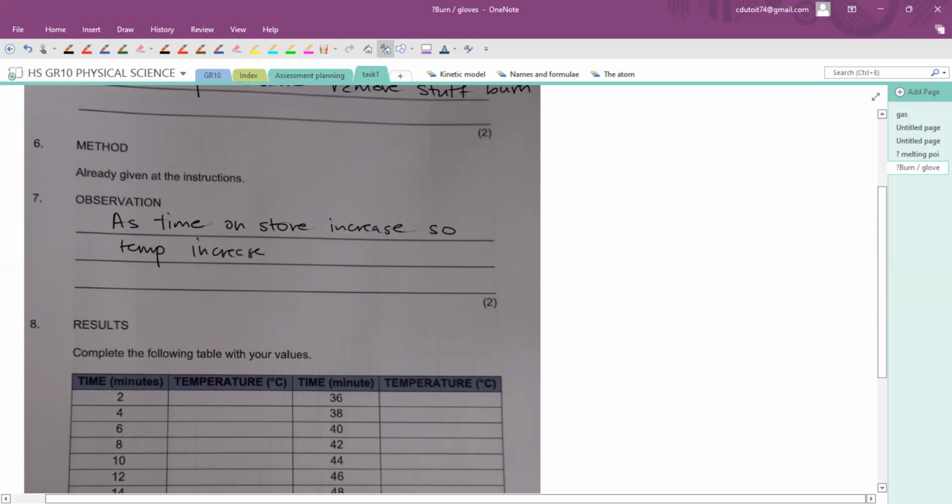The longer you keep it on the stove, the higher the temperature goes. Other observation is that your ice starts melting, and once it starts melting, it doesn't immediately become liquid. All the blocks of ice first melt, and then it becomes a liquid.